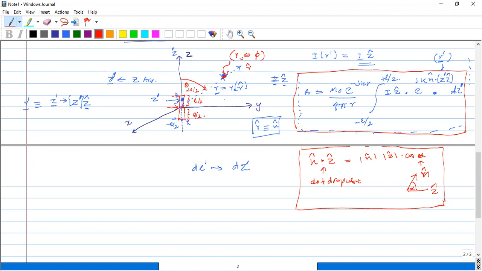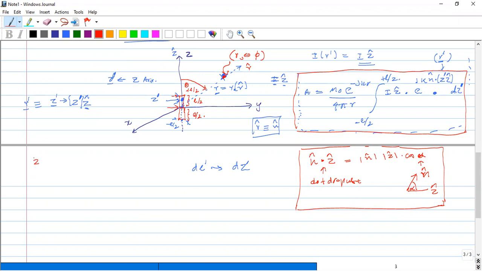If I ask you to find z hat dot r hat, you can easily find it. z hat is in this direction, and r hat is in this direction, and theta is the angle between these two lines, z hat and r hat. The theta direction is in this direction; this is the r direction, and this is theta hat.